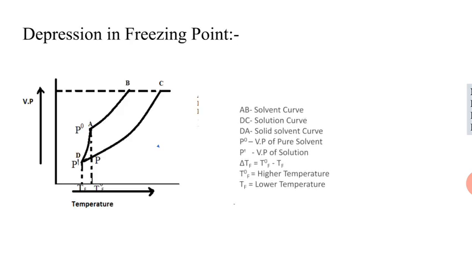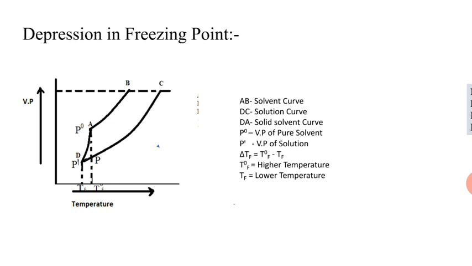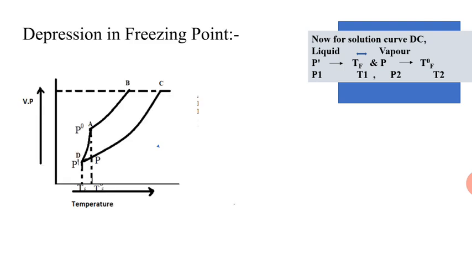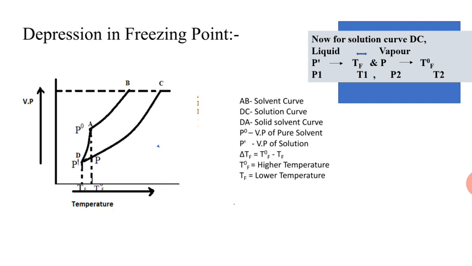Now check our graph again. In the graph, check every point again. Now we have to apply this for the solution curve DC, where liquid and vapor are in equilibrium.